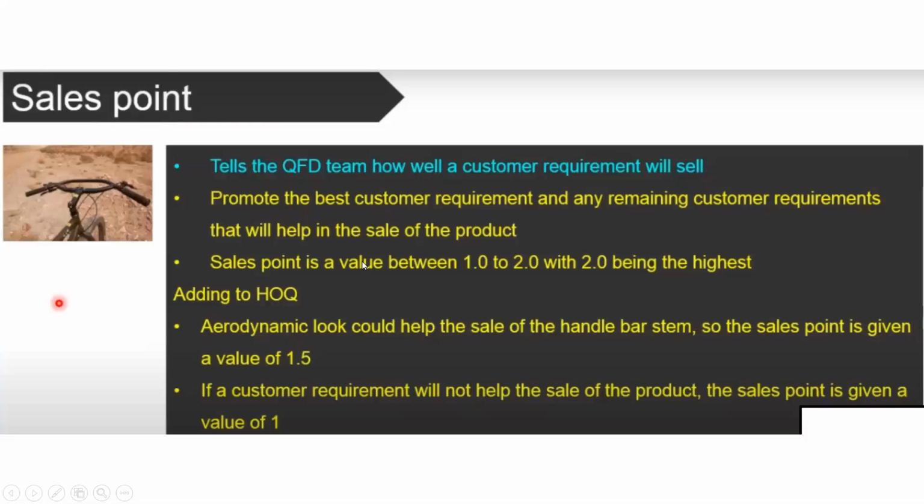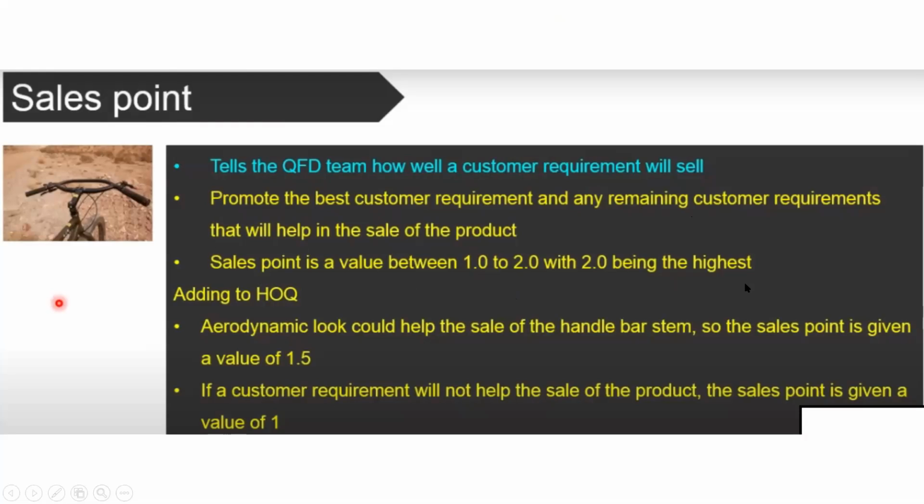Another one, sales point. You want to tell the QFD team how well the customer requirement will sell. Promote the best customer requirement, and any remaining customer requirement will help the sales of the products. The number of sales point is normally between 1 and 2.